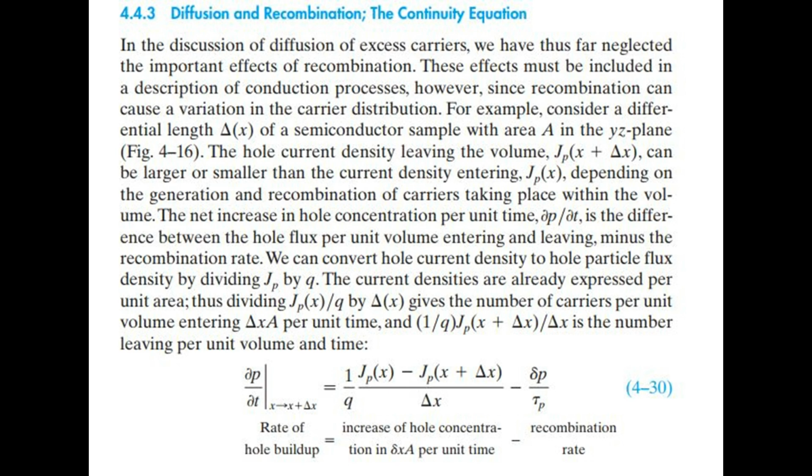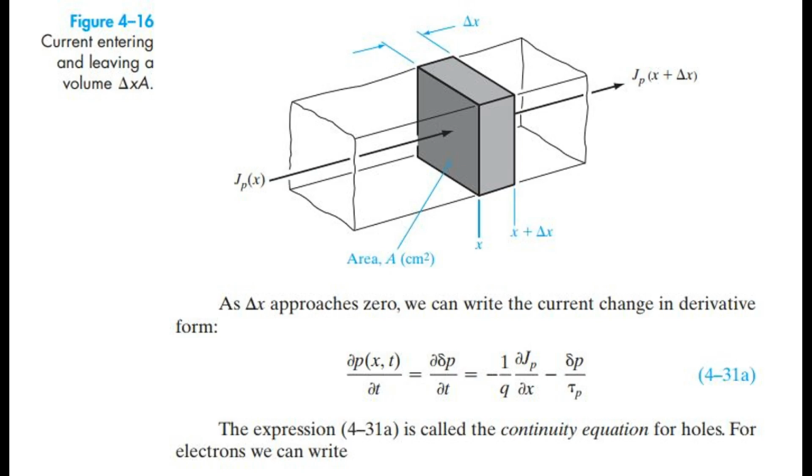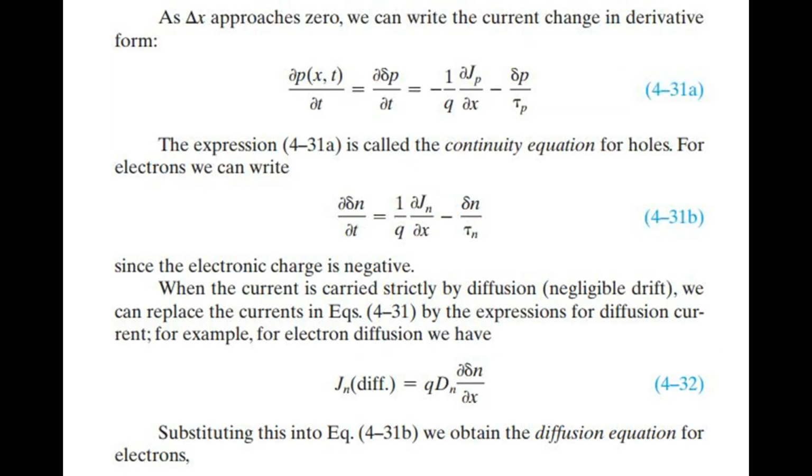As Δx approaches 0, we can write the current change in derivative form. The expression, Eq. 4-31a, is called the continuity equation for holes. For electrons we can write Eq. 4-31b. Since the electronic charge is negative, there is a sign difference. When the current is carried strictly by diffusion, with negligible drift, we can replace the currents in Eqs. 4-31 by the expressions for diffusion current.